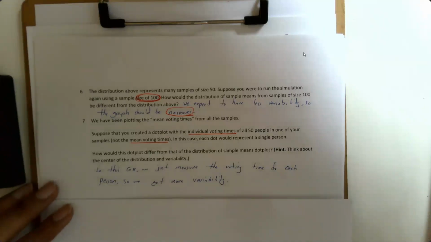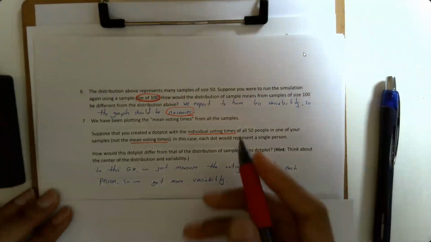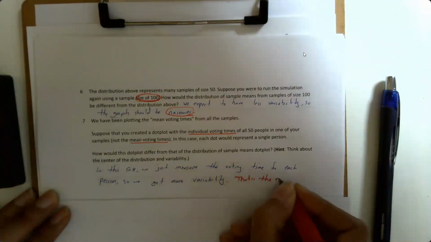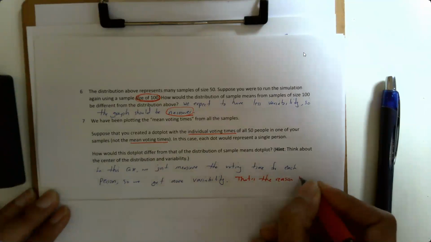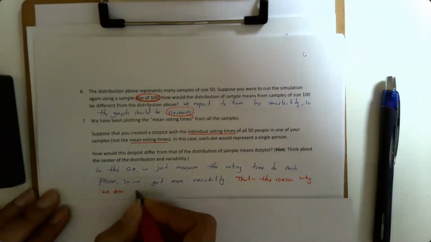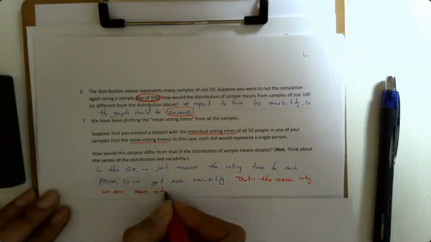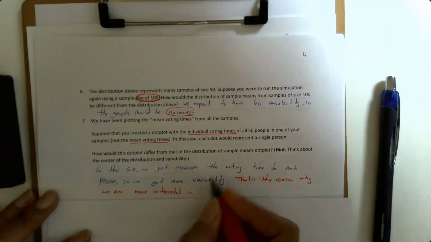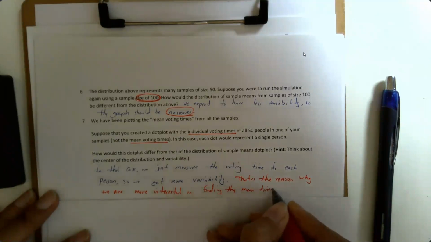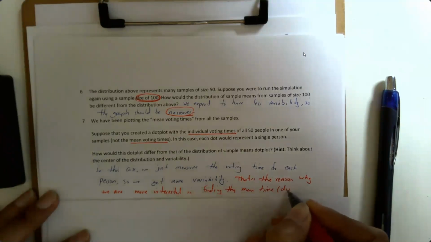So you can say that's the reason why we are more interested in finding the mean time for our distribution.